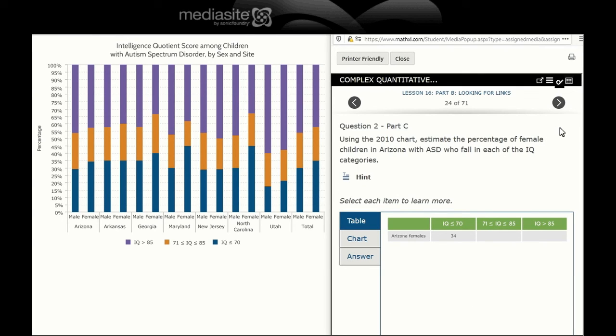Again, using the chart, estimate the percentage of females in Arizona which fall in each of the IQ categories. Okay, so now look at females, Arizona, and we're given this one, 34, and I would agree that's 34%. And this one appears to be about not quite halfway, so I would say 57%.